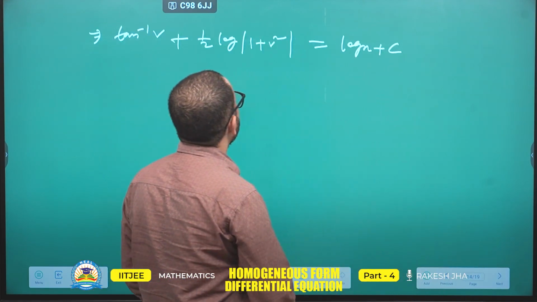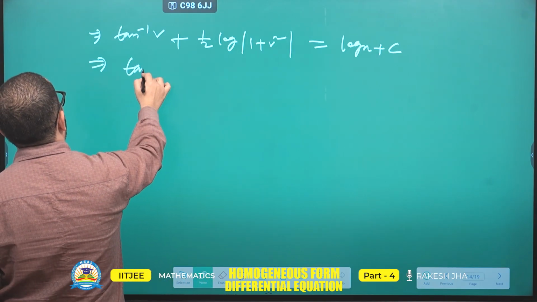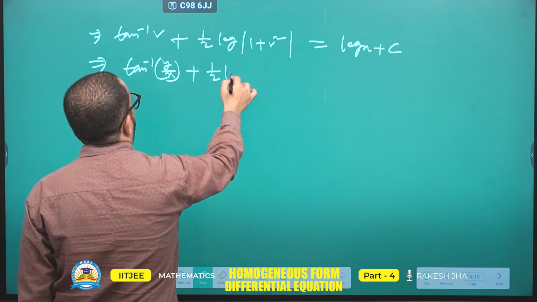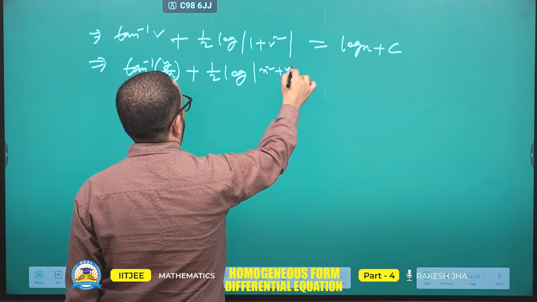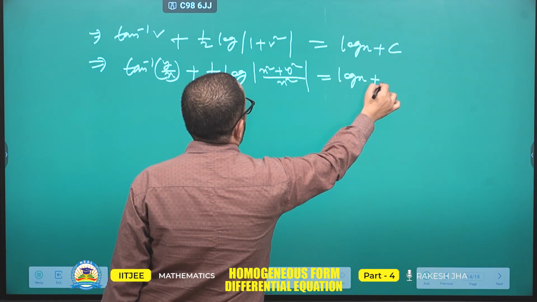So now we have to return the value of v. So tan inverse y upon x plus half times log of x square plus y square upon x square is equal to log x plus c.